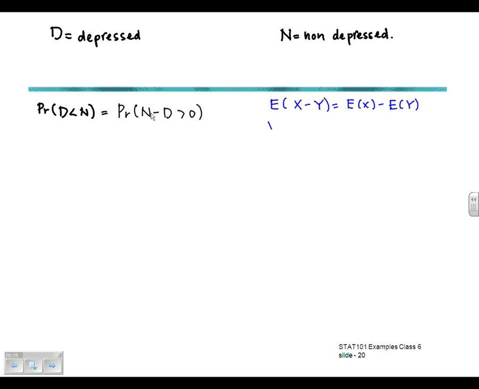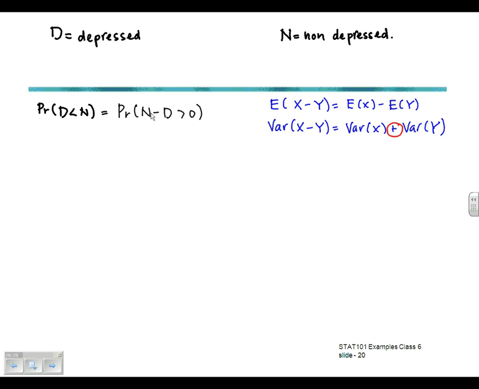And the variance of x minus y is equal to the variance of x plus the variance of y. And those are using the general formulas for expected value of ax plus by. But importantly, because we're often using the difference in random variables, important to remember that the variance of x minus y is the sum of the two variances, not the difference.